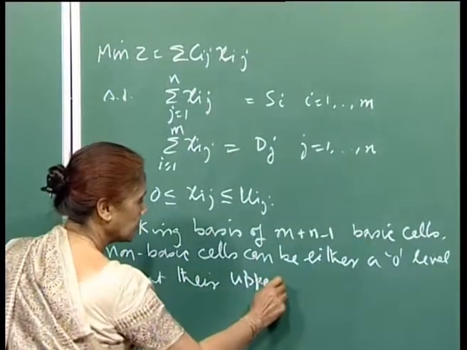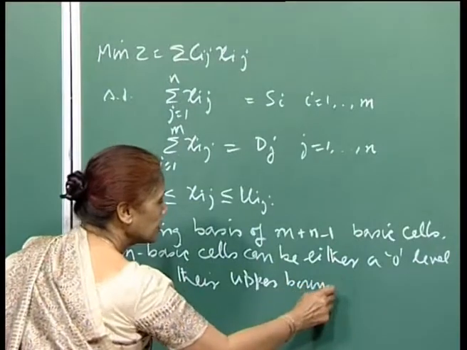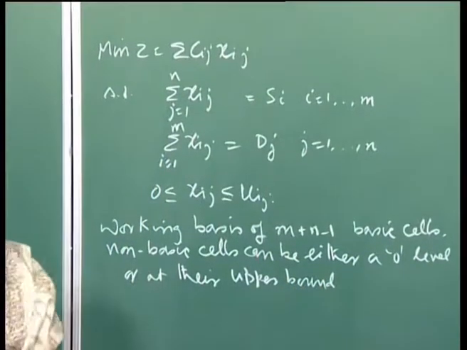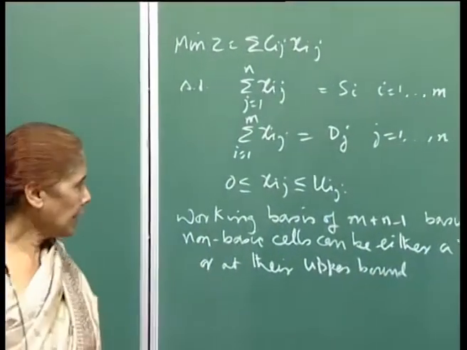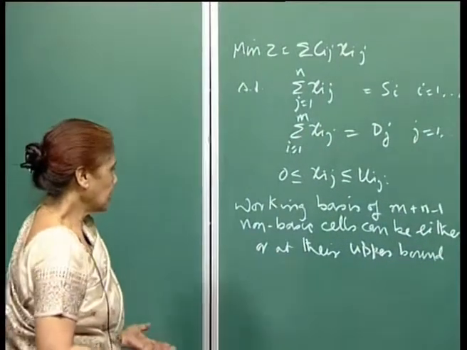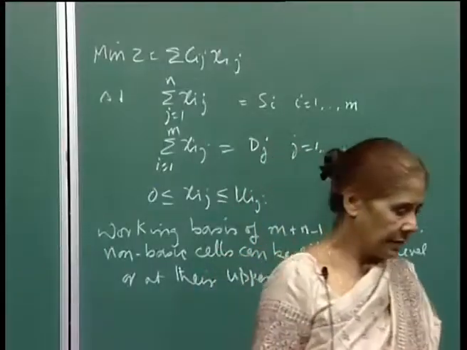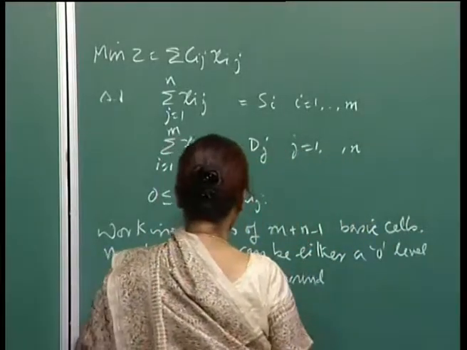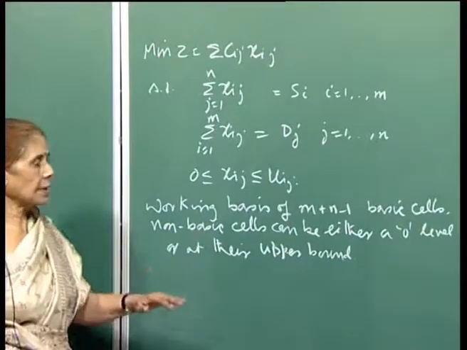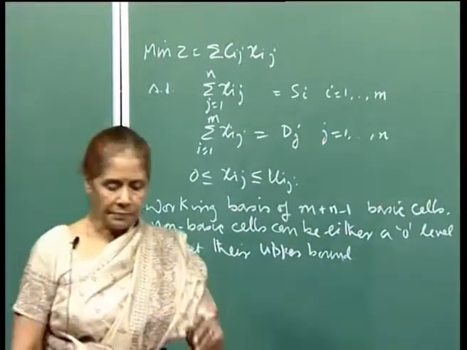So, we will always maintain a basic solution of m plus n minus 1 cells, and if there are other non-basic variables, they will be at their upper bounds, and we said we will put a square around a non-basic cell which is at its upper bound to distinguish it from the other.